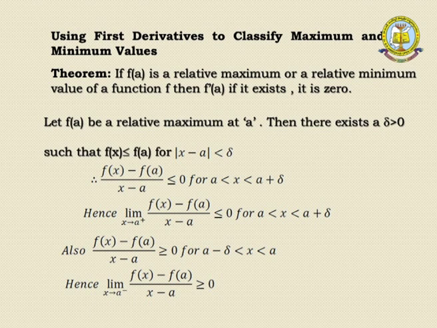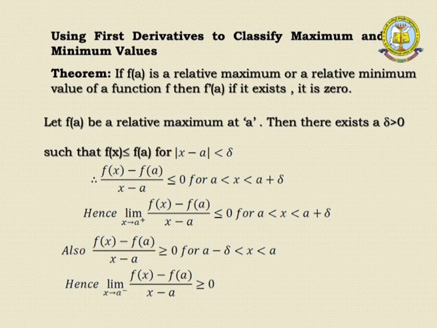Suppose f of a is a relative maximum at a, then there exists a delta greater than 0 such that f of x is less than or equal to f of a for mod x minus a less than delta. What do you mean by that? You have f of x minus f of a by x minus a less than or equal to 0 for a less than x less than a plus delta.